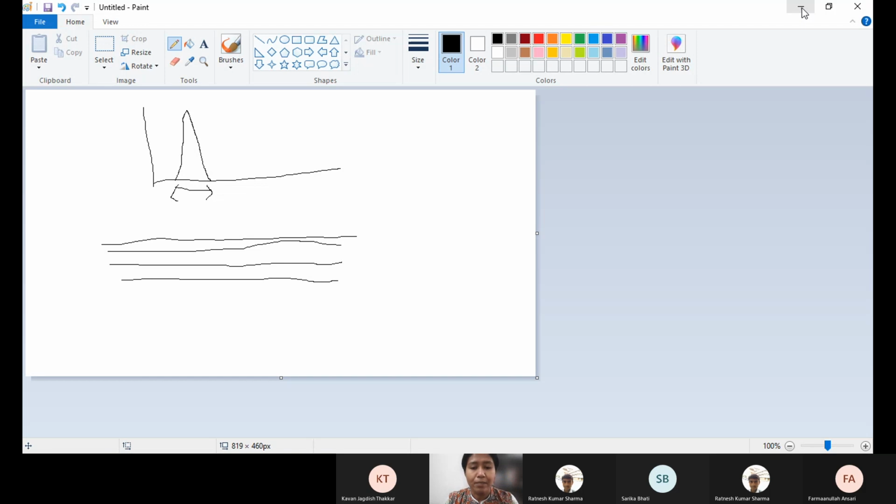But what happens is that the electron, if it moves from this state, so suppose, let me draw something like this. If it moves from this ground state to this excited state, and it's trying to come back to the same ground state, right? What I'm drawing by these lines are actually energy levels.